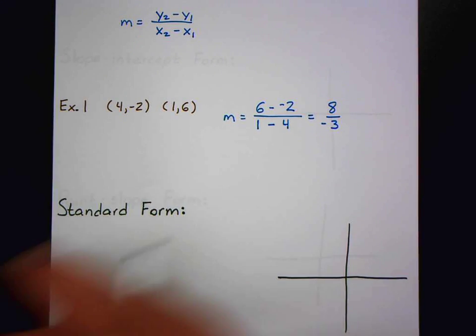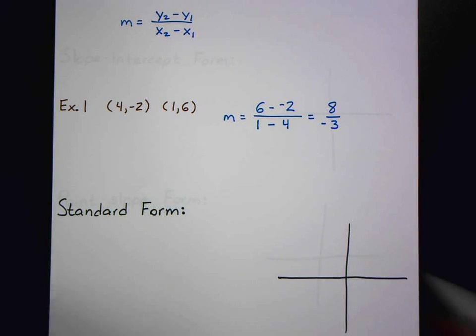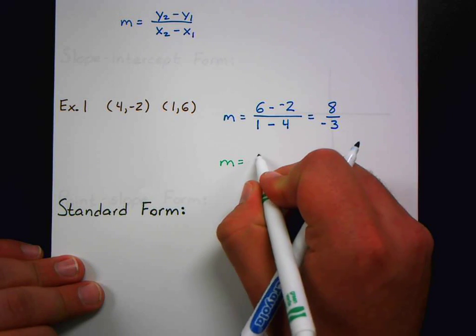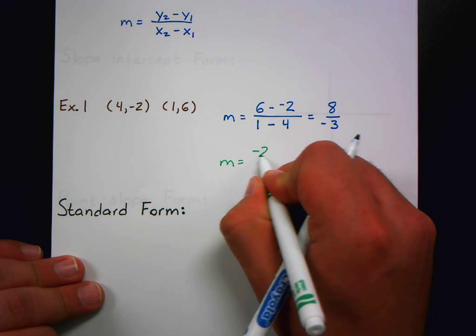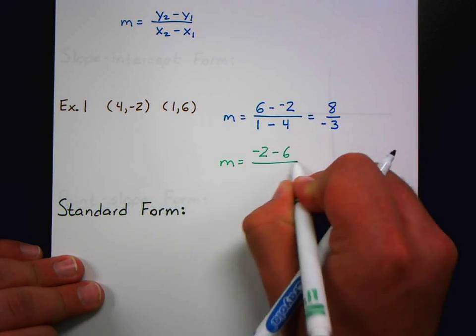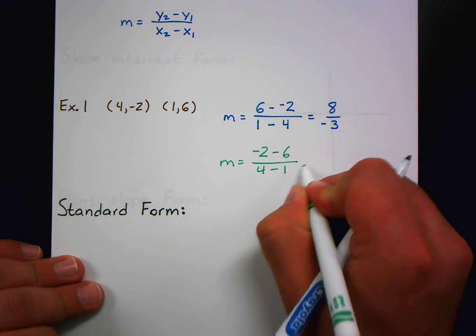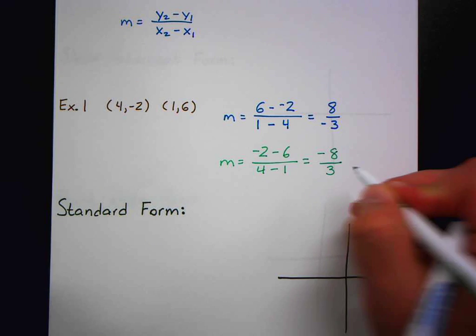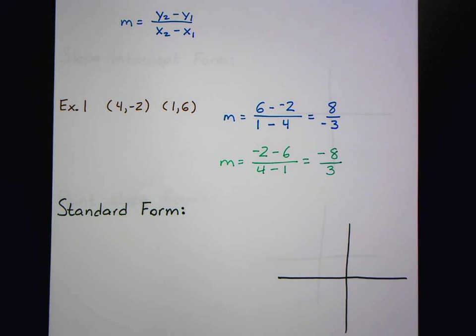And again, just to prove it real quick, just in case you've had detrimental math classes, if I do it the other way, I still get -8/3. It doesn't matter which direction or which ordered pair you choose to go first, just as long as that ordered pair goes first for both the x and the y.